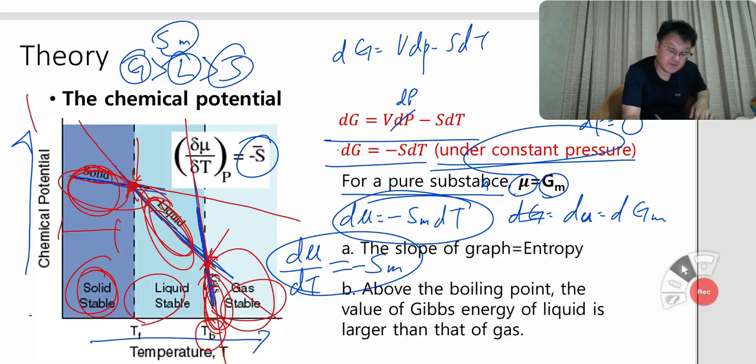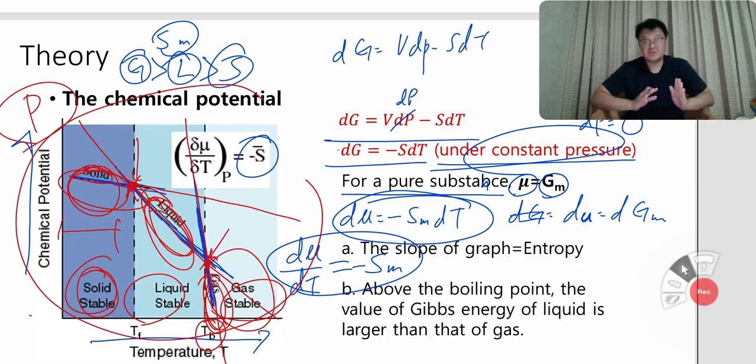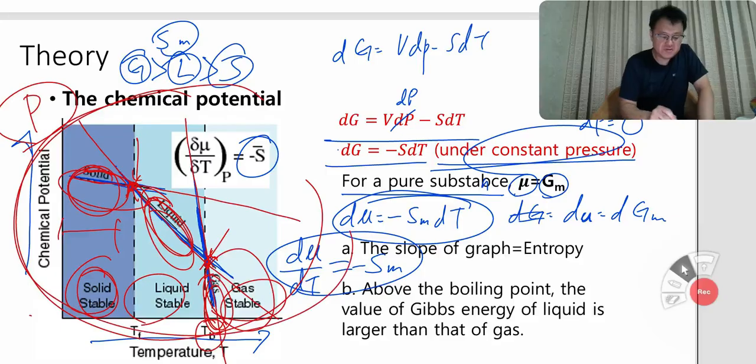Here, of course, in this plot, pressure is considered to be the same, okay? Of course, in the phase diagram, we have also seen the phase behaviors at various pressure ranges. And in this plot, you have only one single pressure. The pressure is constant, and you consider how the chemical potential of each phase changes as a function of temperature.